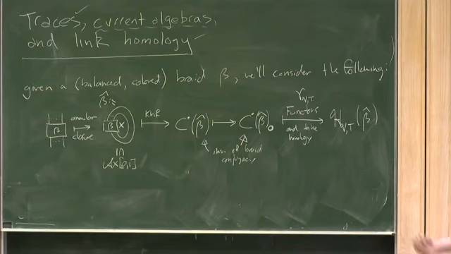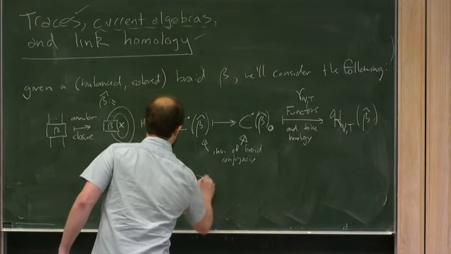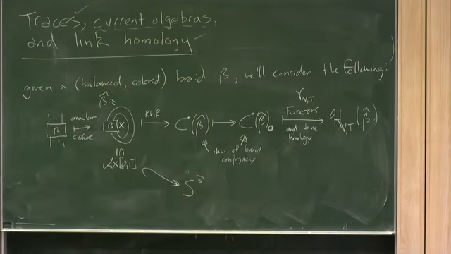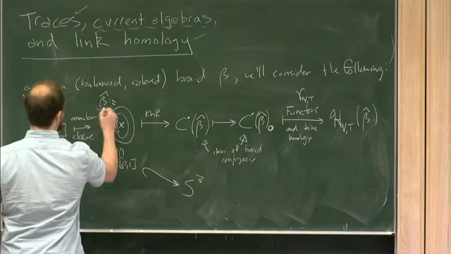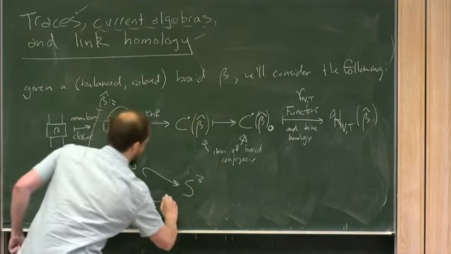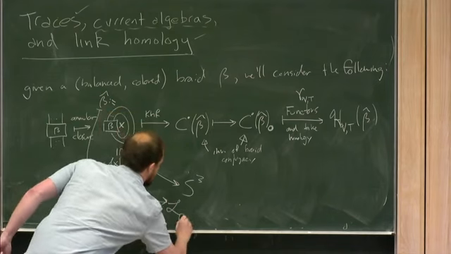But maybe a more interesting thing to care about is links in S3. Of course, I could always standardly embed my annulus cross interval into S3 and consider the usual braid closure, which I will denote by cursive L sub beta.